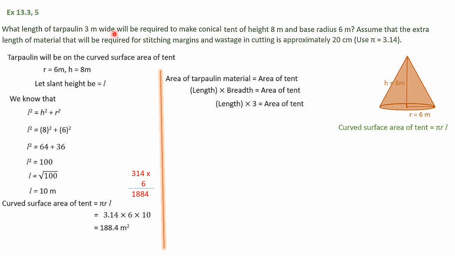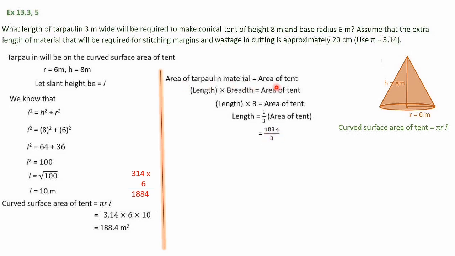Breadth of the tarpaulin is given to us, 3, is equal to the area of the tent. So length will be 1/3 of the area of the tent. Just to bring these 3 to the denominator, length of the tarpaulin will be equal to 1/3 of the area of the tent, or area of the tent divided by 3. That is 188.4 divided by 3.